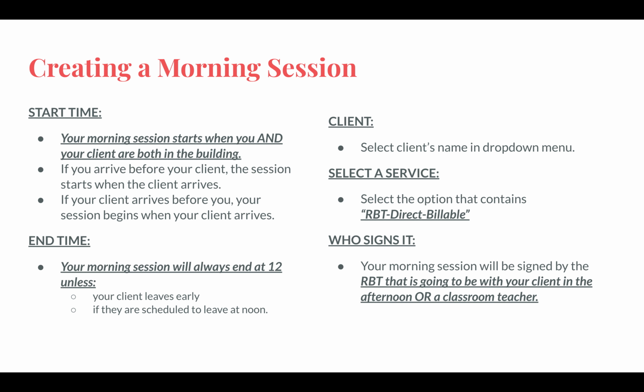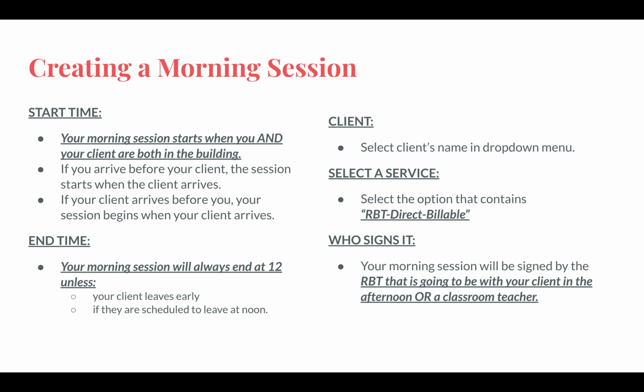And for the client box, you will hit the drop-down menu and select the client's name. There are all of the clients from all of the centers in this, and they are organized alphabetically by last name. So it's important that you know your client's last name. When you are selecting a service, please ensure that you are selecting the option that contains RBT Direct Billable.